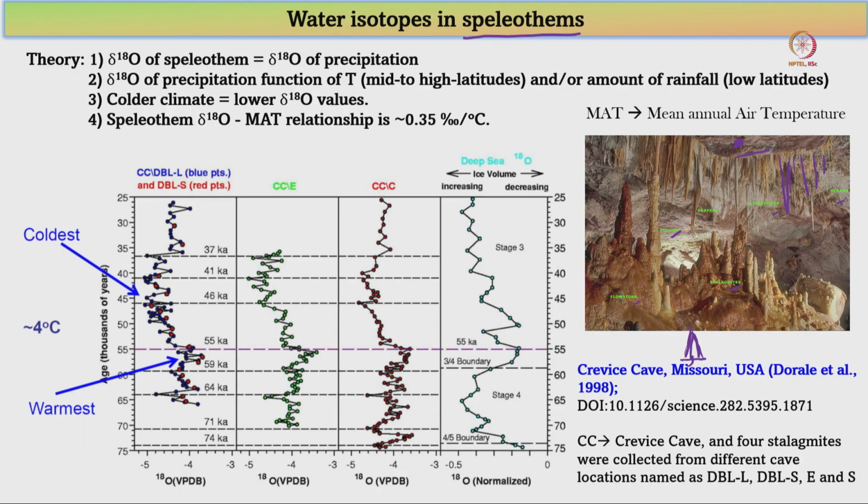What do I mean by rainfall temperature? The rainfall temperature is directly related to the air temperature. So, the air temperature is also directly correlated with the speleothem delta 18O. We know that the speleothem is correlated with the delta 18O of the precipitation, and the delta 18O of the precipitation can be correlated with the mean annual air temperature.